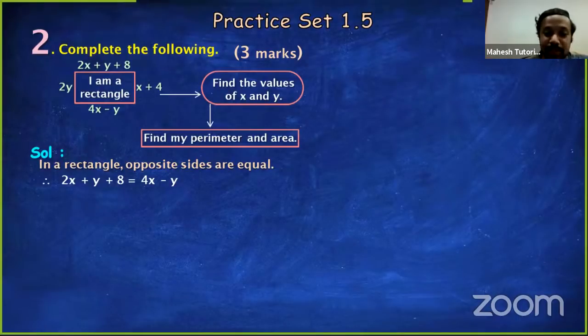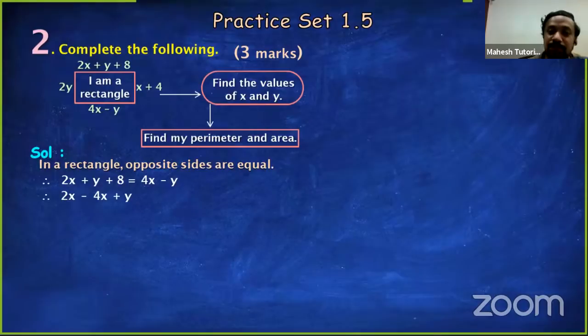Now look at it very carefully, students. Bringing all the alphabet terms on the left hand side and the constants on the right hand side, keeping 2x as it is. Now here 4x is there with a positive sign. If it goes on the left hand side, it will become minus 4x, keeping this plus y as it is. Now on the right hand side, that y is there with a negative sign.